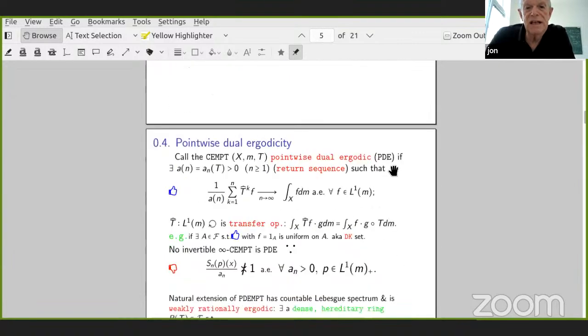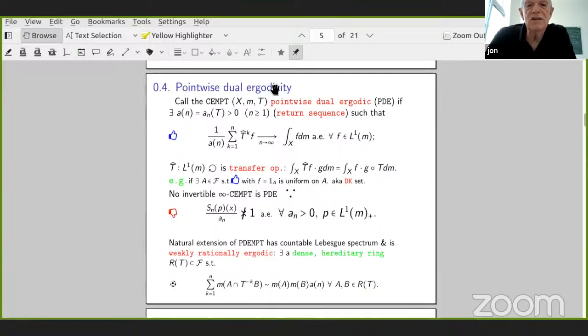Okay, so first thing, we call it pointwise dual ergodic if there are normalizing constants, which we call a return sequence a_n, so that if I look at the transfer operator, the dual of T restricted to L1, then this converges pointwise to the integral. This happens quite a lot.